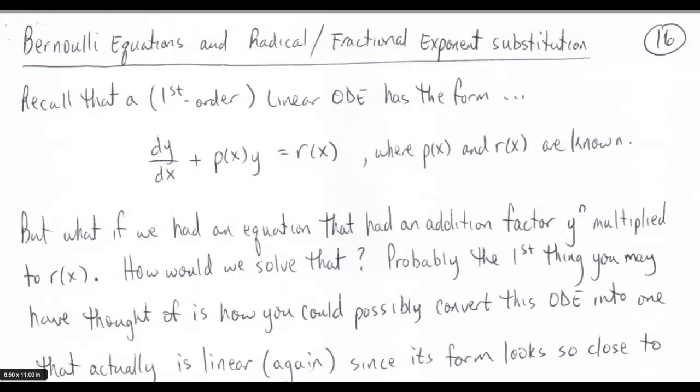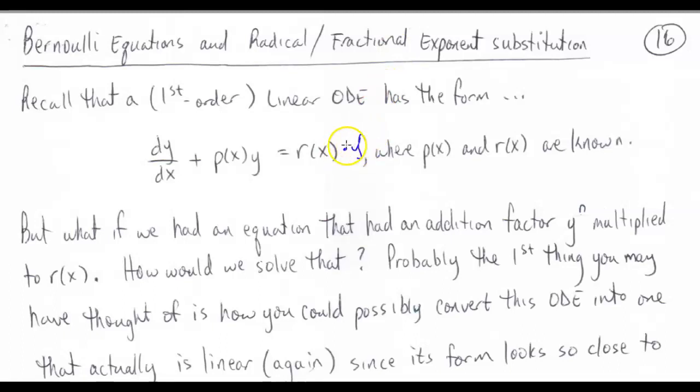So recall that a first order linear ODE has this particular form here, okay? And of course, I'm choosing the standard form for it. Now, what if instead of having this type of equation here, we had something like r of x times y raised to some power here?